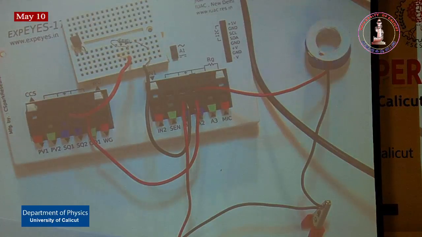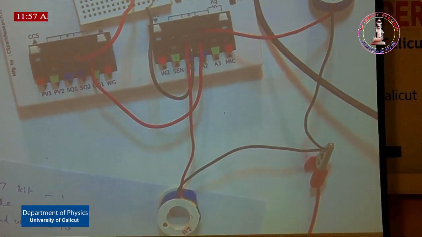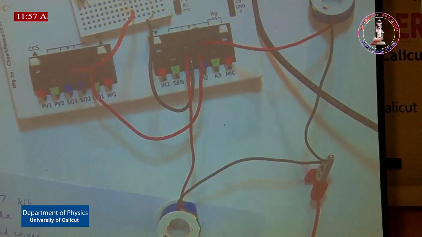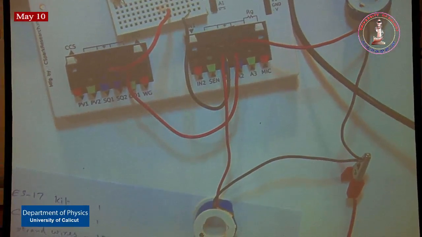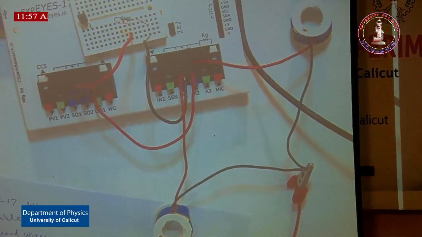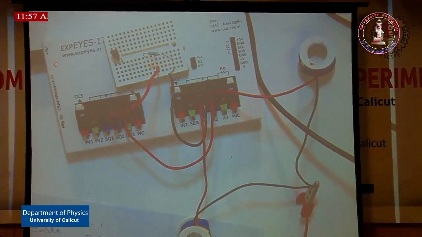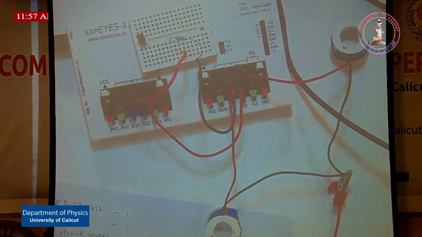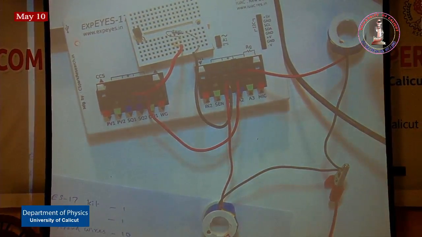What are the earlier values? 118.8 and 115, it is 233, here you are getting 234. Within 1% it is all tallying, right? So note down this value also.